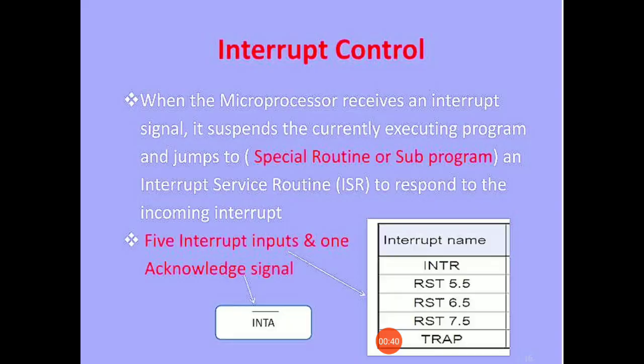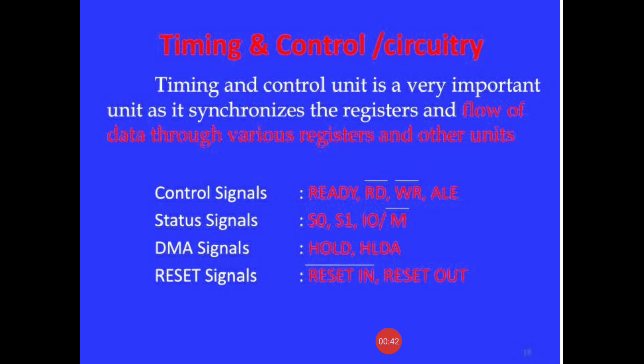and that will be the end of the architecture of 8085 microprocessor. So this timing and control unit generates timing and control signals which are necessary for the execution of instructions.